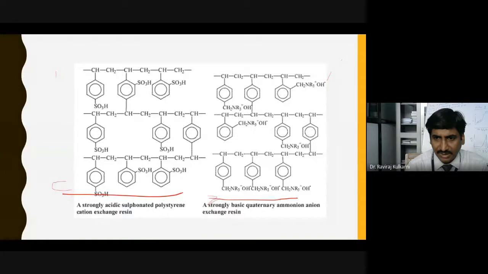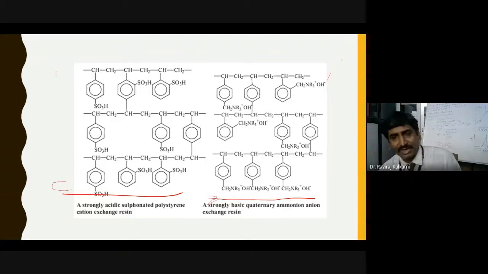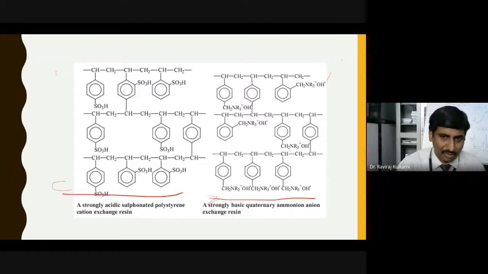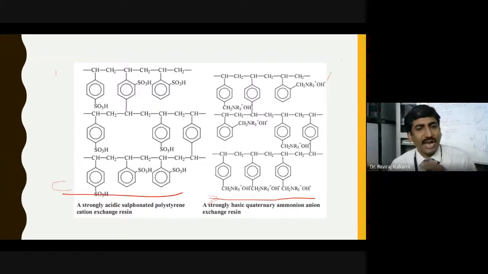Basic quaternary ammonium ions can hold replaceable OH minus ions. They exchange OH minus ions with the chloride ions or sulfate ions of water, and remove the hardness. Permanent hardness can be removed by the ion exchange process. Mere boiling cannot remove it, but by this process you can remove the hardness. Hard water becomes soft water.